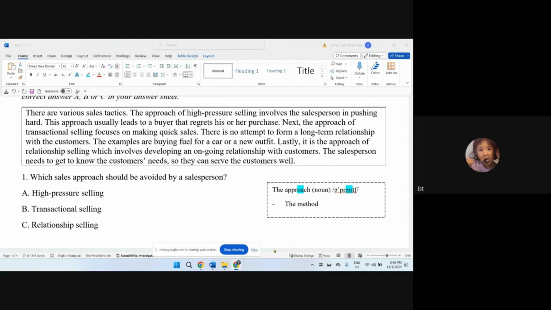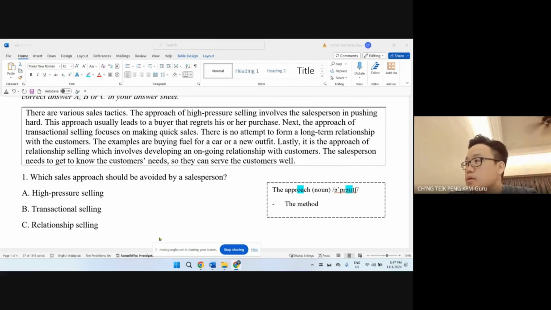This approach usually leads to a buyer that regrets his or her purchase. Next, the approach of transactional selling focuses on making quick sales. There is no attempt to form a long-term relationship with the customers. The examples are buying food for a car or a new outfit. Lastly, it is the approach of relationship selling which involves developing an ongoing relationship with customers. The salesperson needs to get to know the customer's needs so they can serve the customers well.